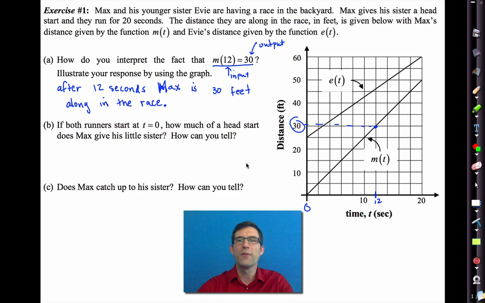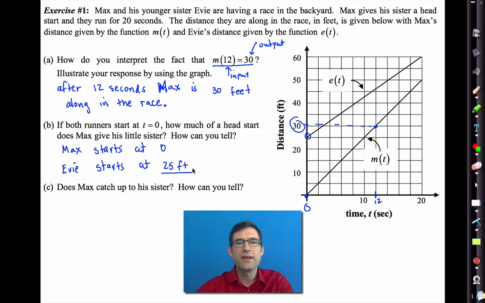All right, well, let's take a look. Max starts at 0. On the other hand, where does Evie start? Evie starts right here, at 25 feet.